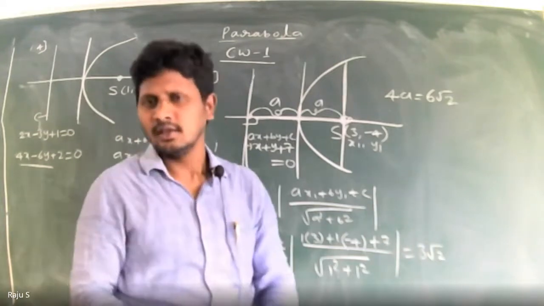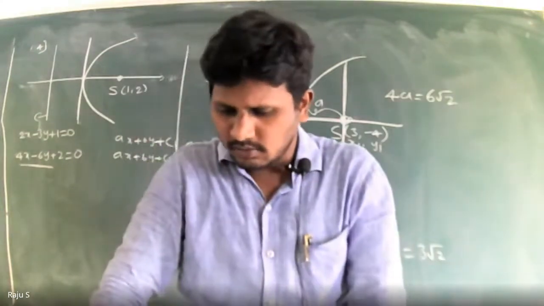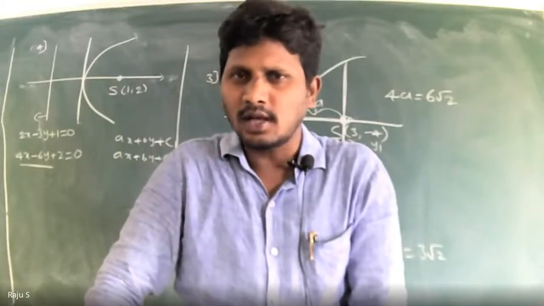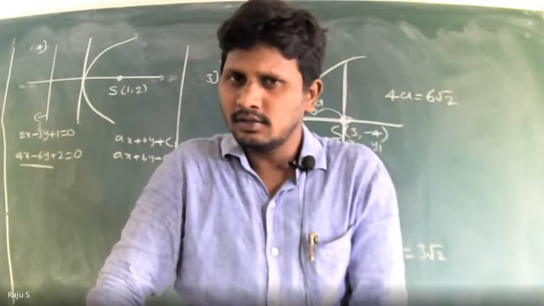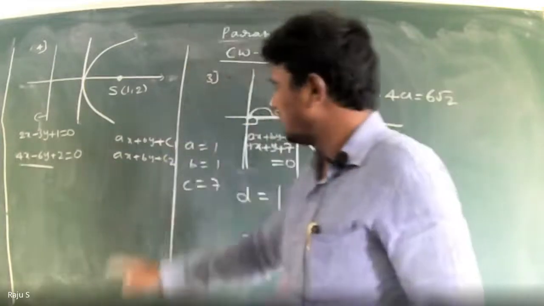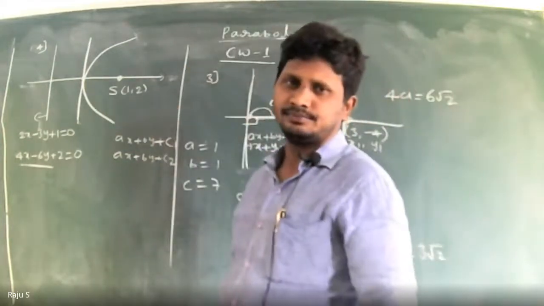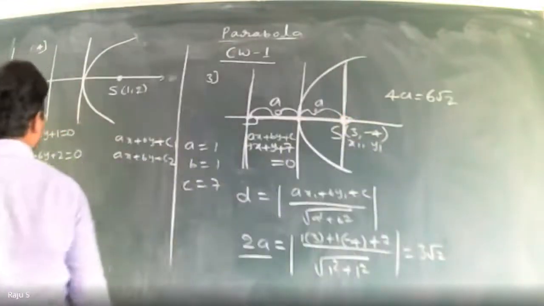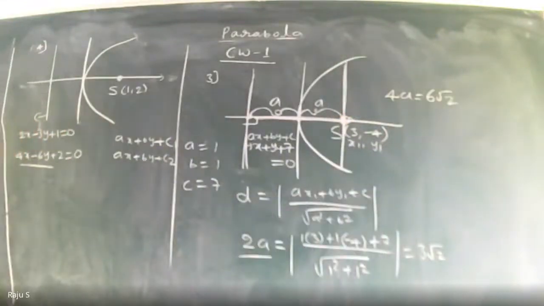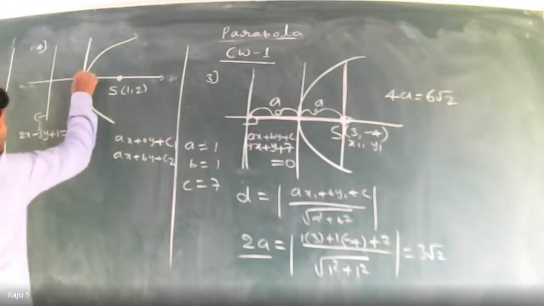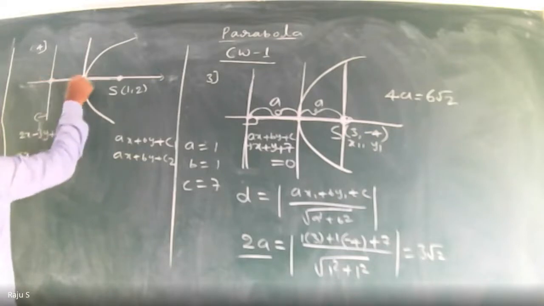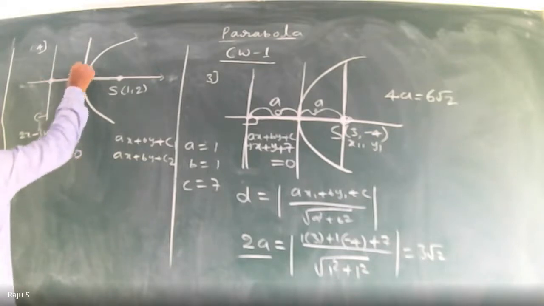Here my question is, how can you find the equation of the tangent at vertex? The tangent at vertex must pass through the vertex.